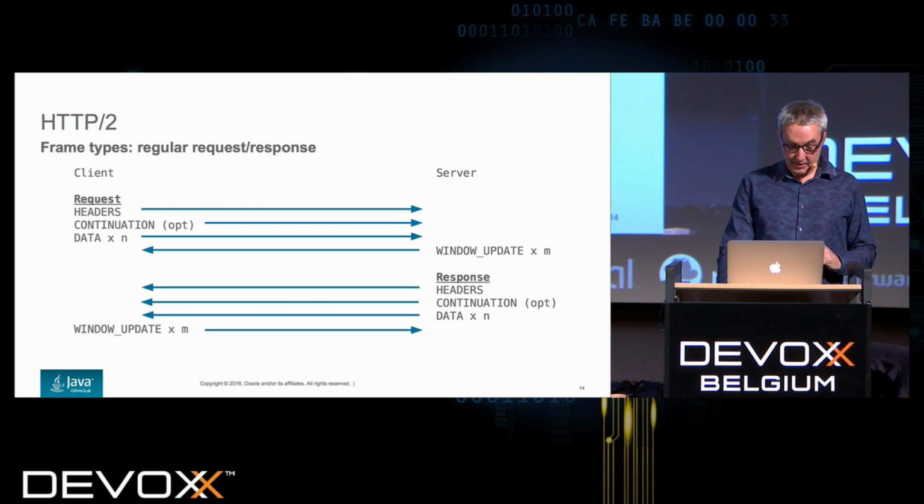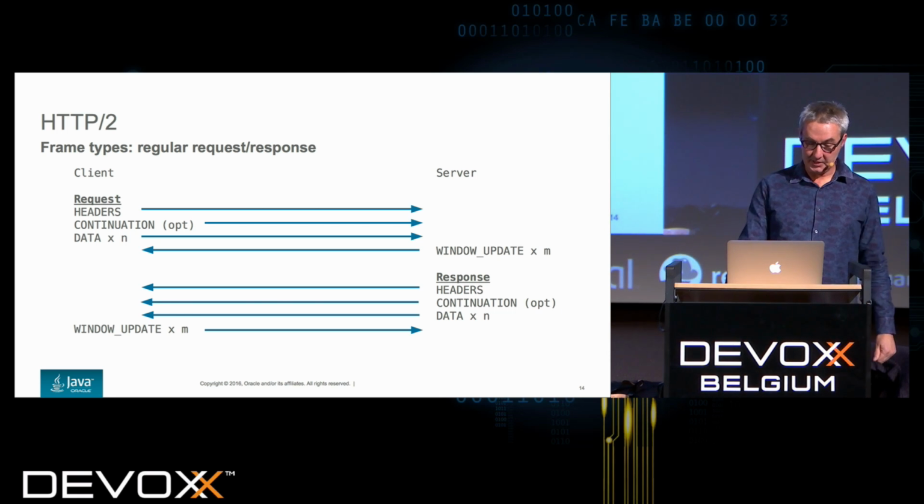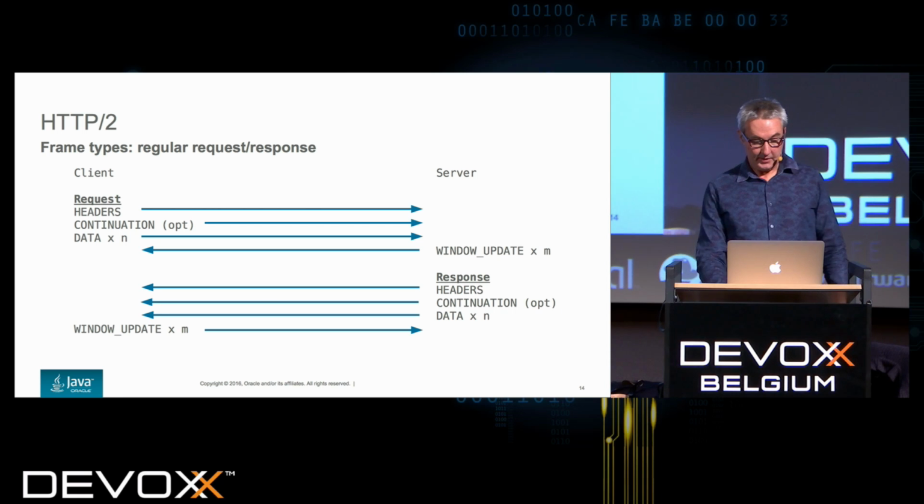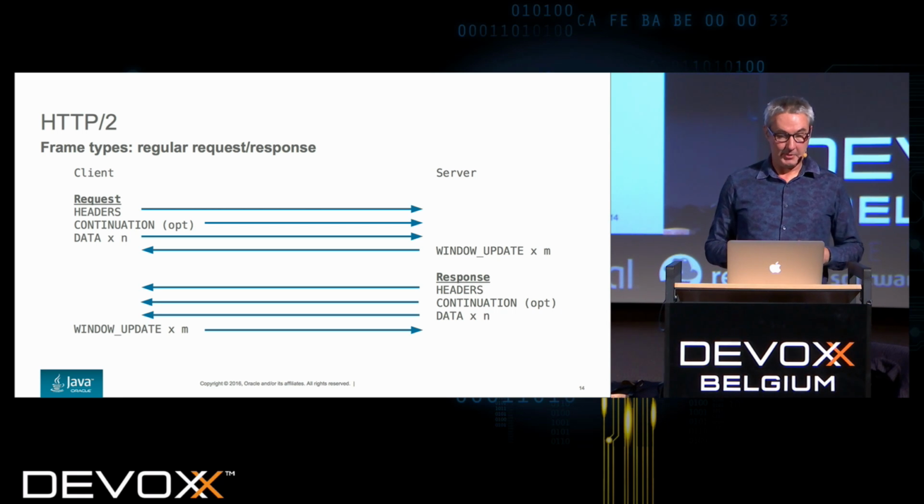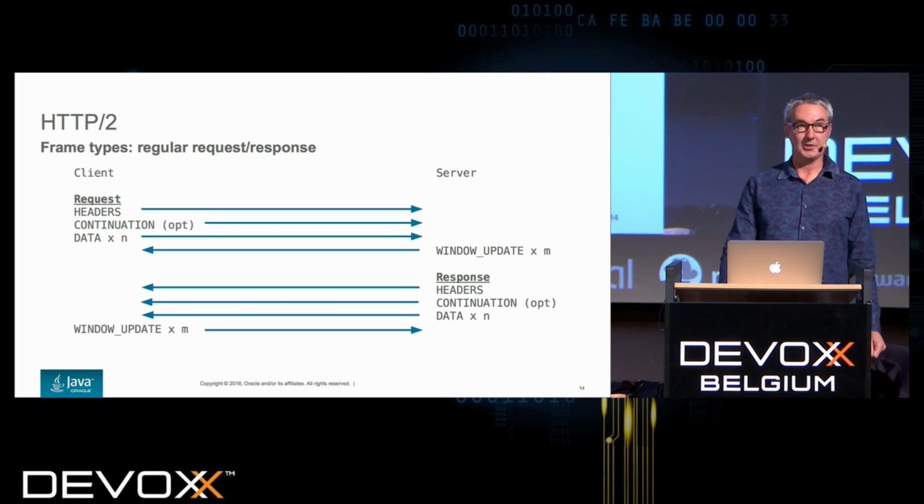Because data is flow controlled, the server needs to send window updates if there's going to be quite a significant amount of data. A sliding window flow control scheme is used, quite similar to the one used in TCP. So that's how the server regulates the amount of data that the client is sending to it. And you can see from the response that it uses exactly the same frames, just sent in the opposite direction.